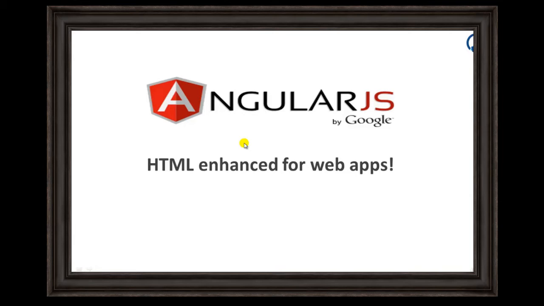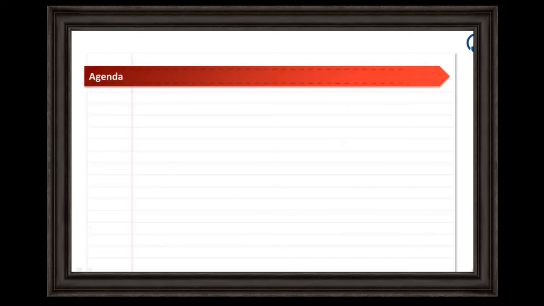Prior to going into detail on this technology, let's see the agenda for today's session. The first point is the introduction to this course. In this part, we'll discuss what AngularJS is, why we need AngularJS, and what the benefits of JavaScript frameworks are.